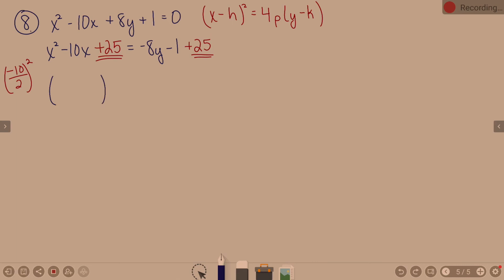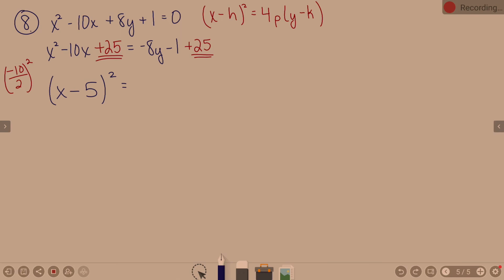The whole idea of completing the square. The square root of x squared is x, so it's going to be x. The square root of 25 is 5. Because that middle term is minus 10x, this is going to be x minus 5, quantity squared.